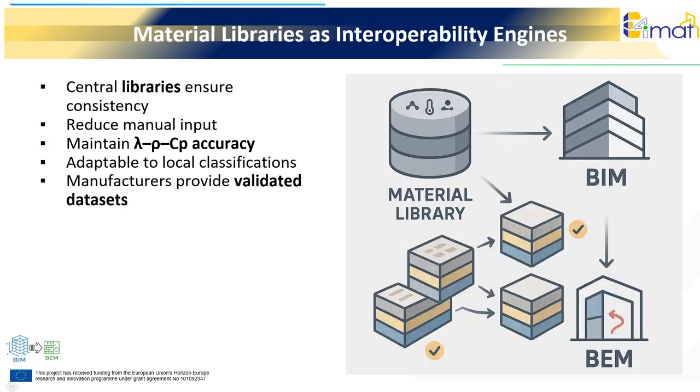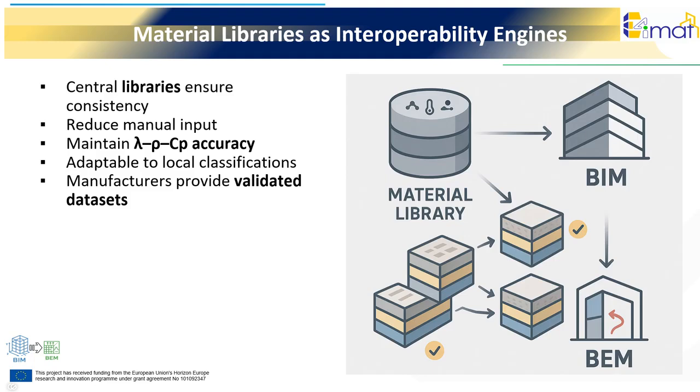Central material libraries provide a structured way to ensure that material information remains consistent and traceable across the entire digital workflow. Instead of relying on each modeler or simulation specialist to enter properties manually, a shared library establishes one authoritative version of each material, including naming, classification, and physical characteristics.